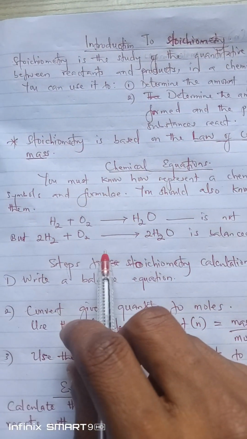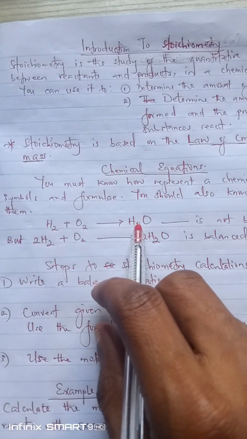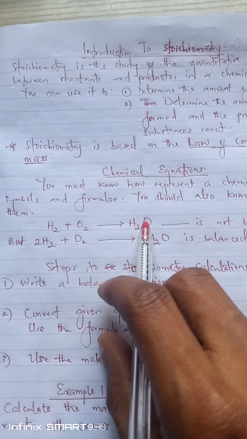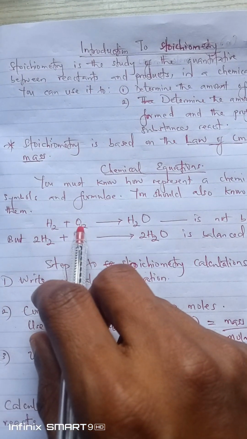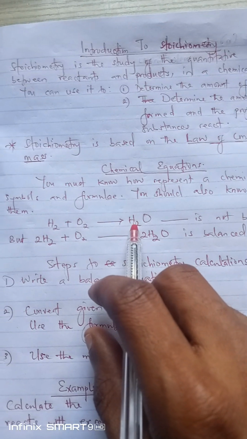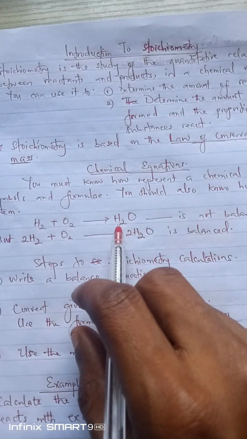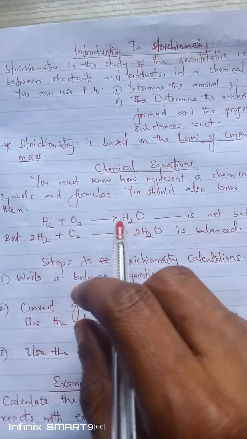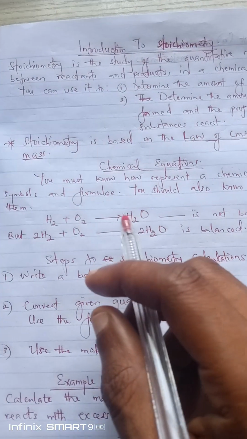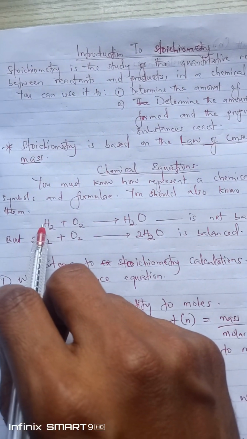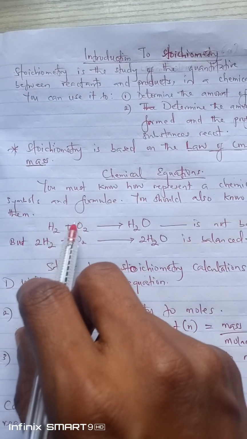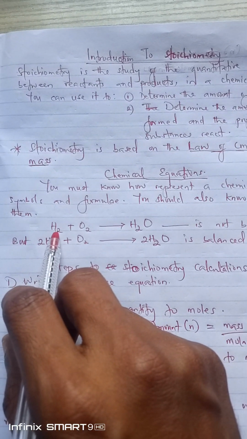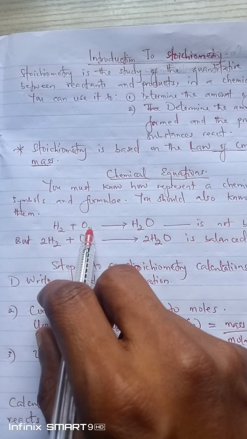Let me give you an example. Water. Water contains hydrogen and what? Oxygen. So let's look at this reaction. Hydrogen reacts with what? Oxygen to give you what? Water. That is simple. But if you look very well, you will realize that this equation is not balanced. The reason is because on the reactant side, which is hydrogen and oxygen, we have two atoms of hydrogen and two atoms of oxygen.